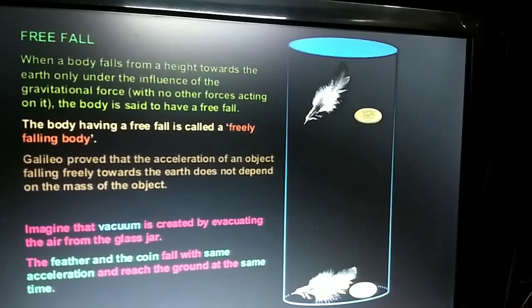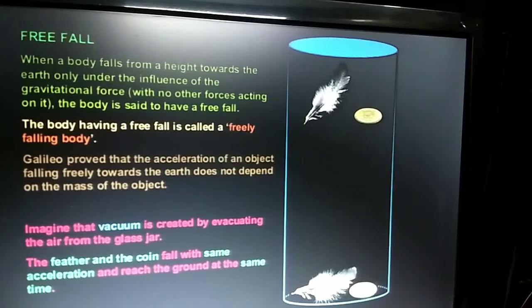Due to this opposing force or drag, the feather takes longer time to reach the ground than the stone. He further explained that if air resistance is eliminated, both feather and stone will reach the ground simultaneously.